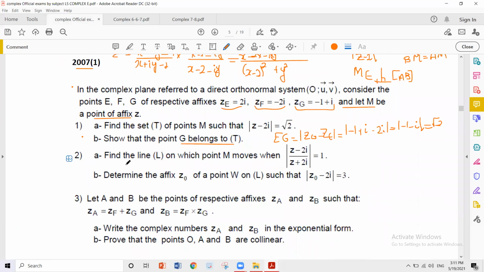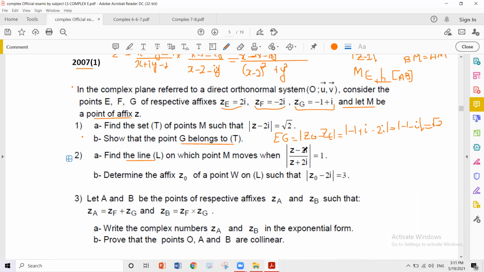Part 2a. Find the line L on which the set of points M moves when the modulus of (z - 2i) over (z + 2i) equals 1.